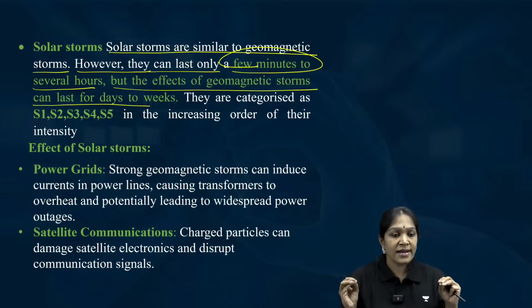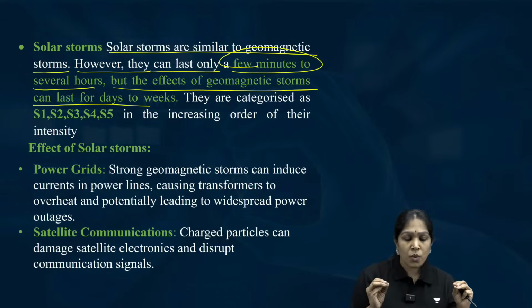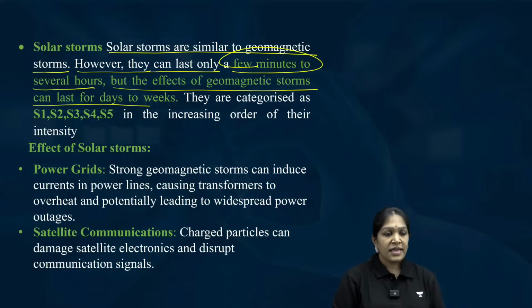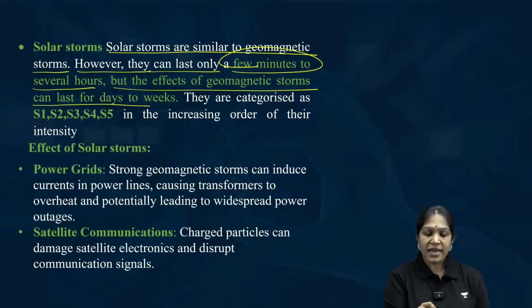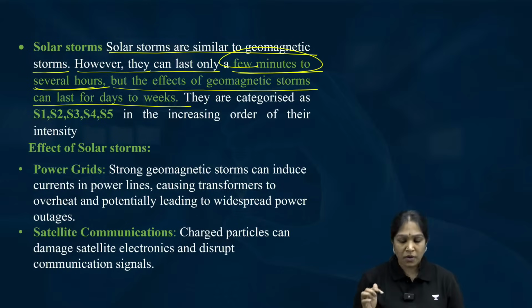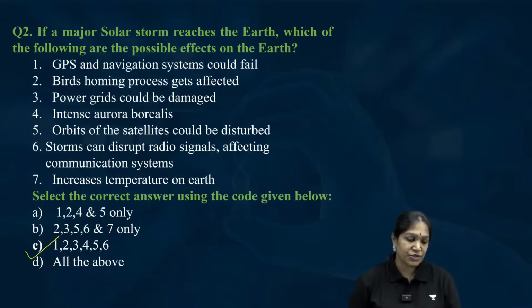But if the effect of a geomagnetic storm lasts for only a few hours, then it is called? Solar storm. Solar storms last for a few minutes to a few hours, whereas geomagnetic storms last for weeks. Now coming to the question.